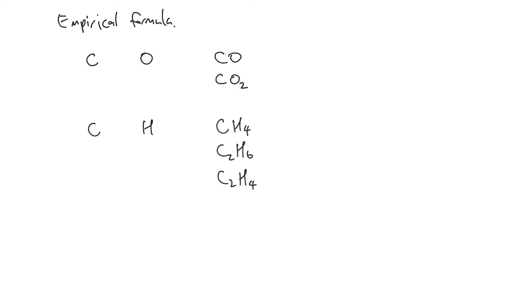And so the first part of analyzing these things and working out what that substance is, because maybe you will know what elements are in there, but you don't know their arrangement, is to work out what the ratio is of different atoms to different elements within the substance. Working out the ratio of it.